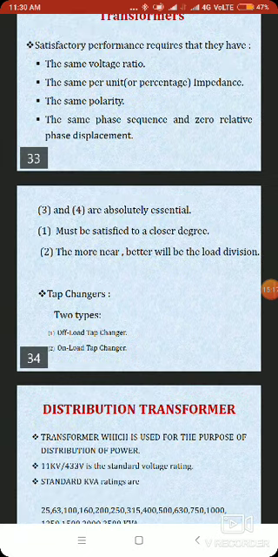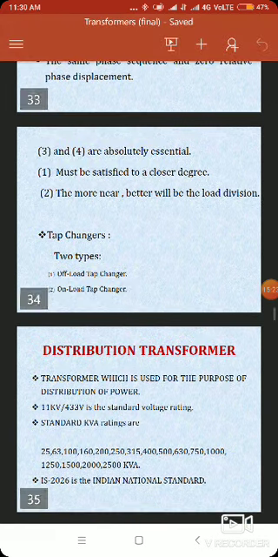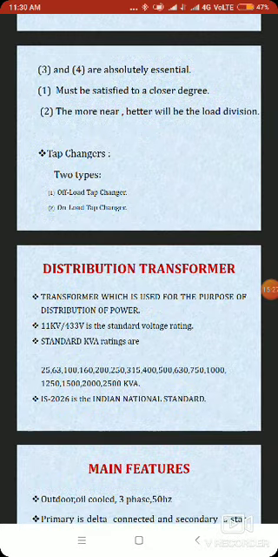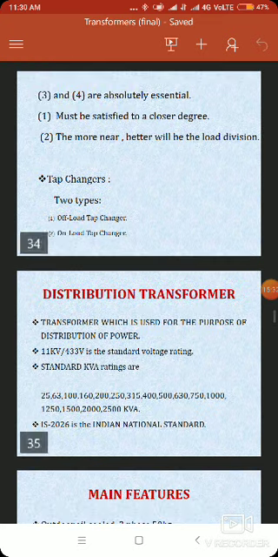Now we come to the distribution transformer, which is mainly used for domestic purposes. 11 kV and 33 kV are standard voltage ratings.